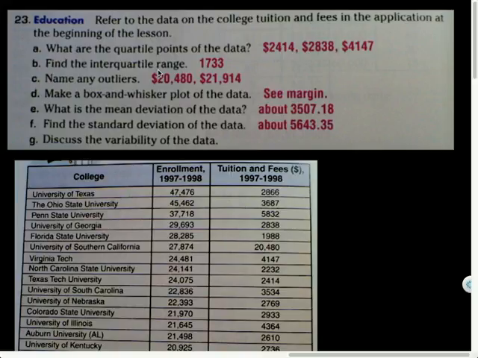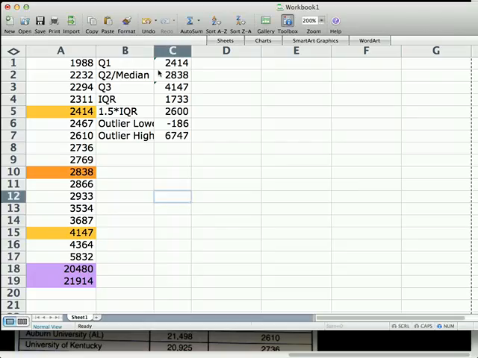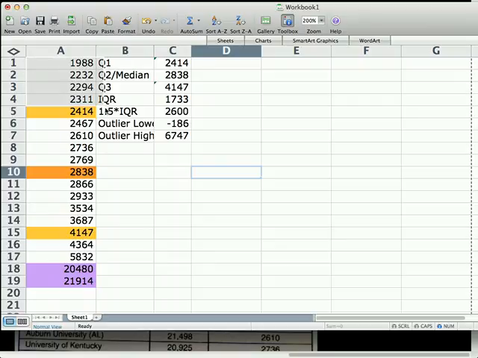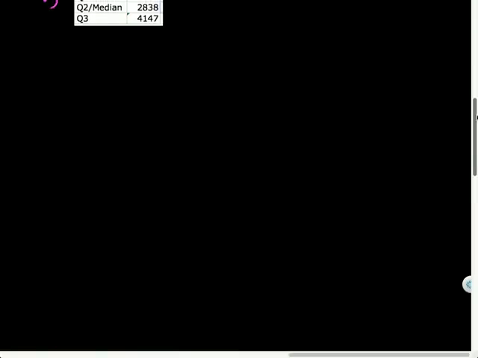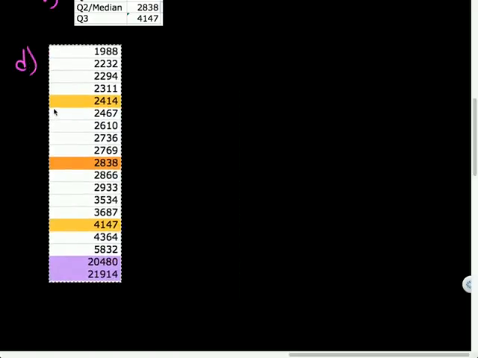All right, so now for part D, it says make a box and whisker plot of the data. So let's see, let me actually copy this whole thing. And I'll, let's see, what is that, part D? Yeah, sure. So here's the data that I'm working with.